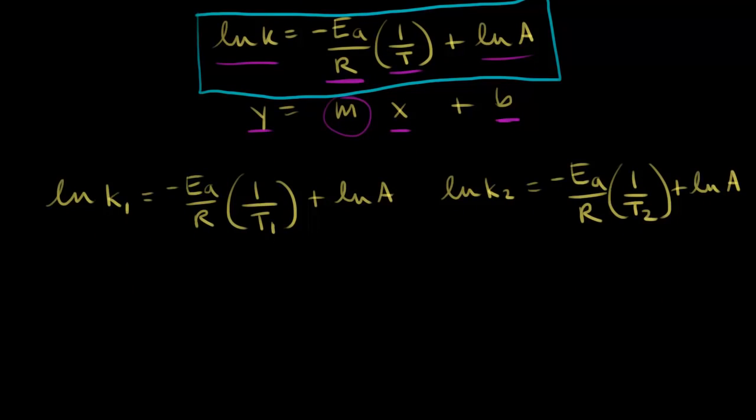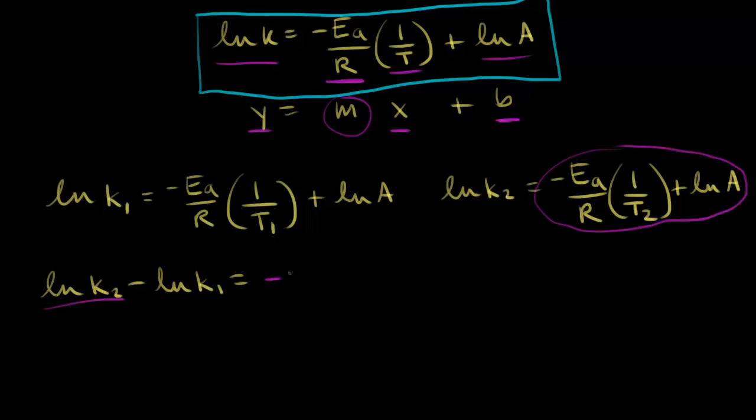All right, so now we have two different equations here for two different temperatures with two different rate constants. Let's take the natural log of k2 minus the natural log of k1. So let's go ahead and write that. The natural log of k2 would be all of this right here.